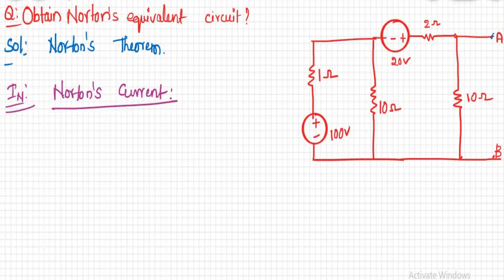What is Norton's current here? That is nothing but your short circuit current. How can you find it? Here I am going to short circuit the A and B terminals. This is what I am going to find, IN.